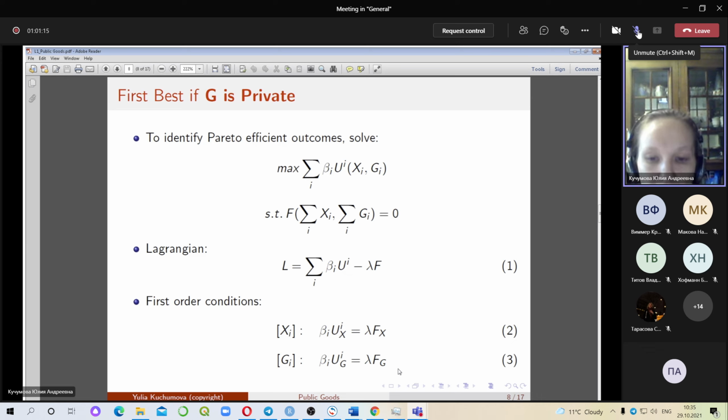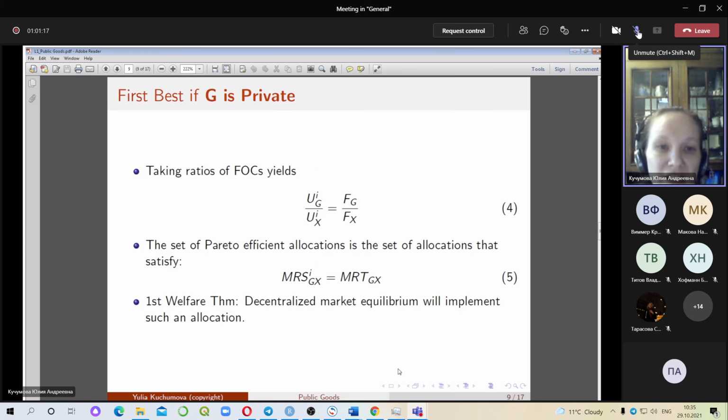Now let us take the ratio of the first order conditions, and this yields equation 4: the ratio of the marginal utilities equal to the derivative of f with respect to g divided by the derivative of f with respect to x.